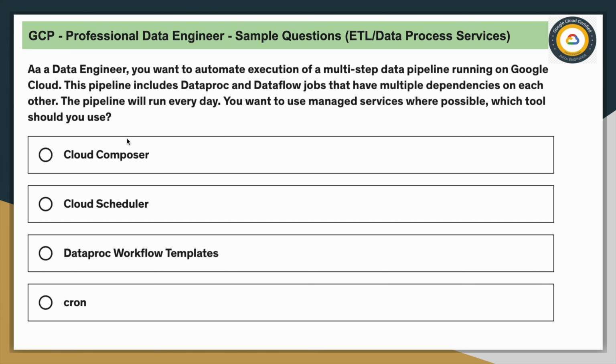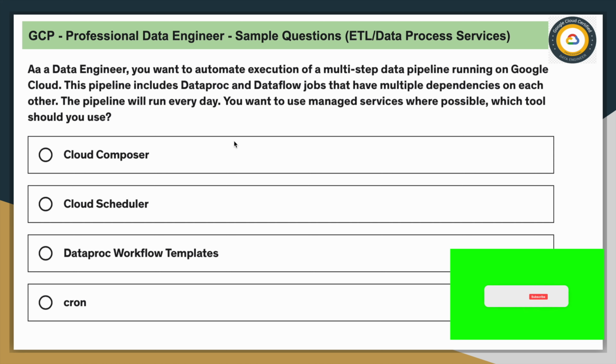Now we'll see the options. The first one is Cloud Composer. Definitely this is the service we would use for this use case. And before selecting this, let us examine the other options also. Cloud Scheduler is also a scheduling service available, which we can use for scheduling jobs using cron.